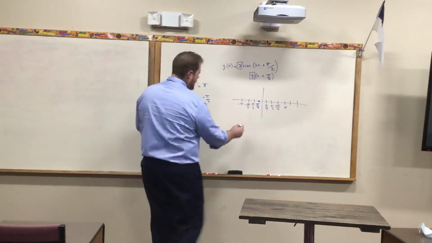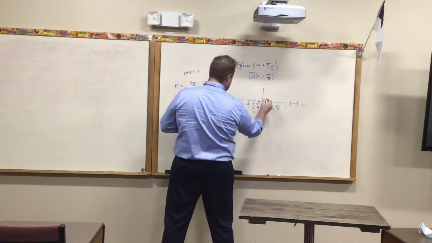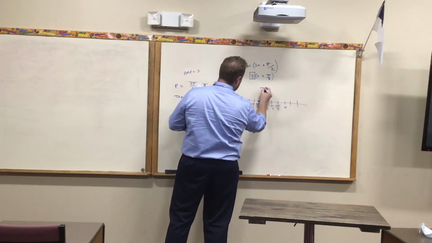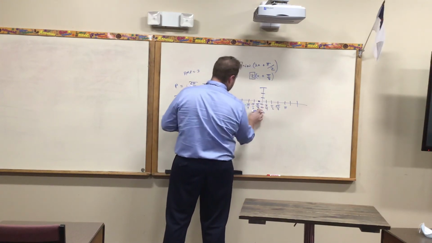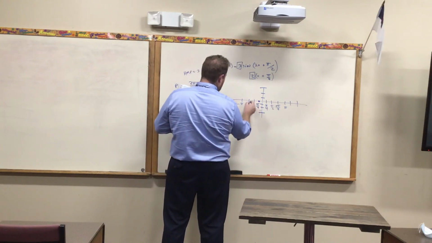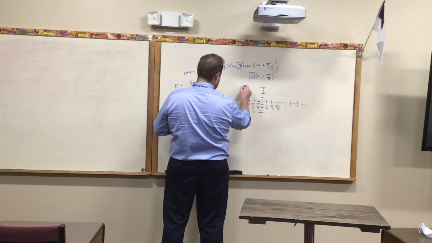So if it's going through here, then at this point it's at 1. What's our amplitude? I'm sorry, amplitude's 3. So it's 1, 2, 3, 1, 2, 3. It's down here, and then it's going to be here at 3.